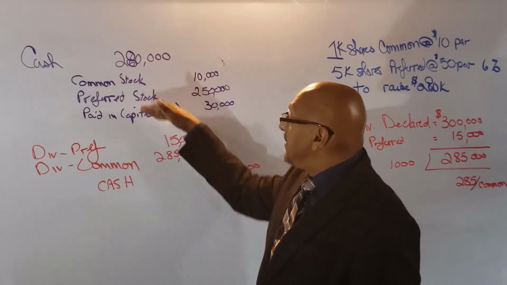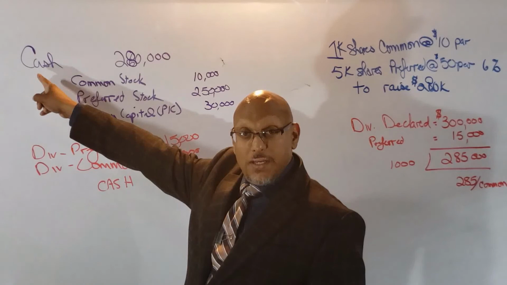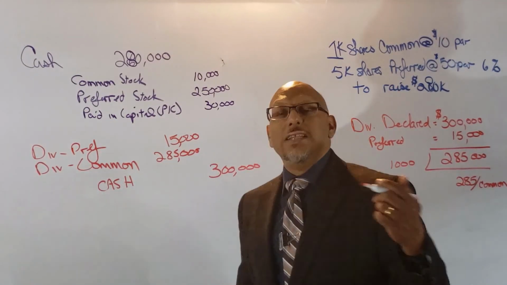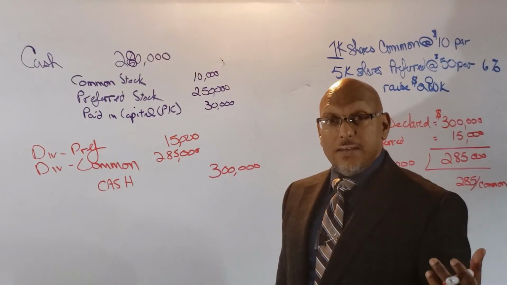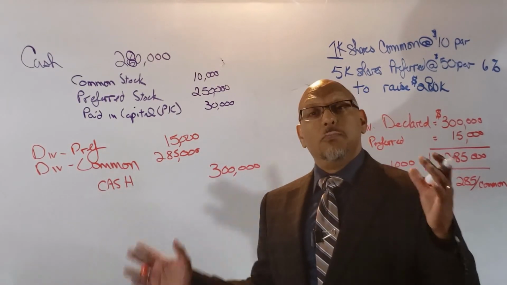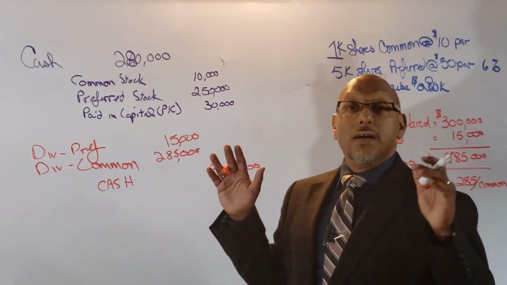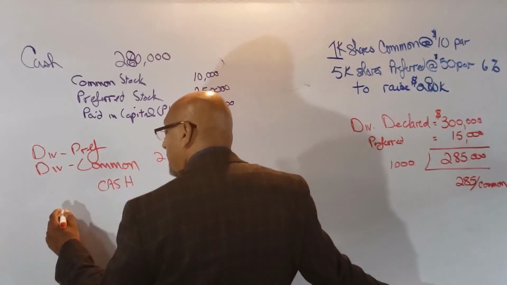These credits are going to be the same. What's different is this account right here. So let's pretend instead of $280,000, we're going to issue common stock to pay for land in the amount of $150,000. So we're going to buy land.